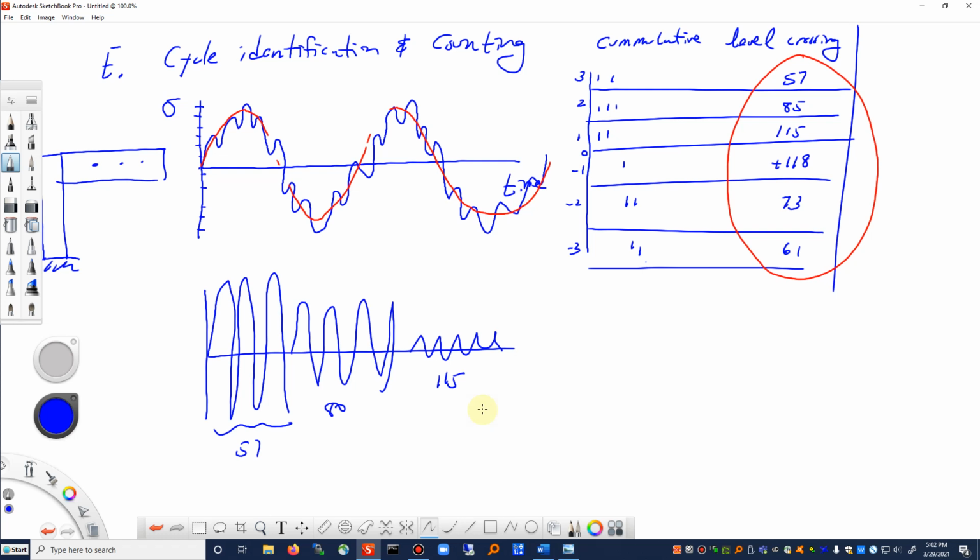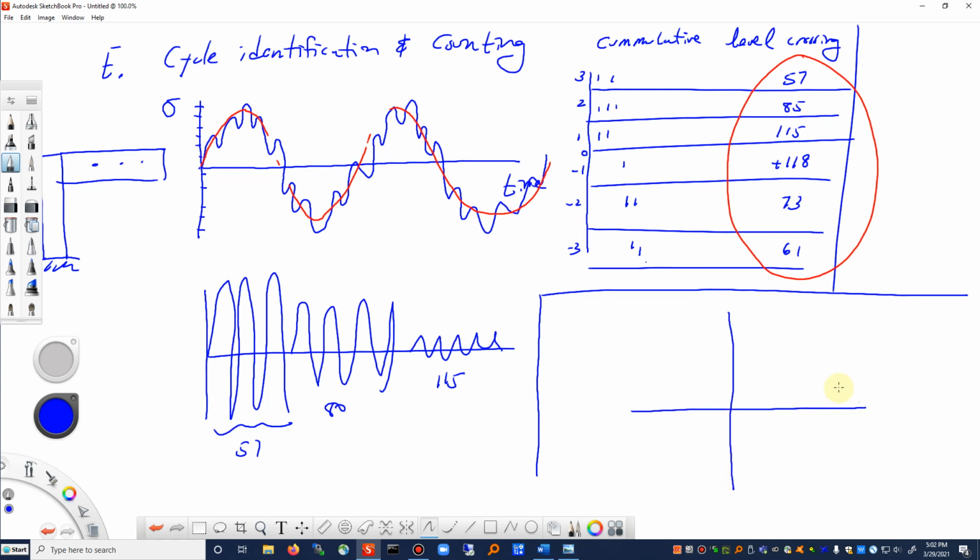But let me show you what we would get if we were to use rainflow cycle counting on this particular time history. Let me maybe draw a box around this, I'll use the same chart. We think of rainflow cycle counting in terms of our hysteresis loops, as we've been doing. It's not necessary to draw the complete hysteresis loop, as we've seen, but it's a nice way to visualize what's going on.